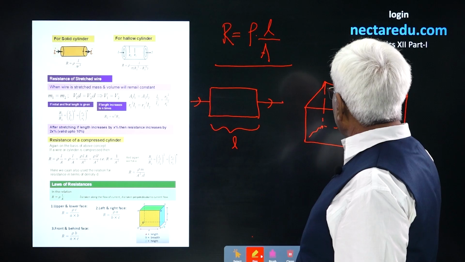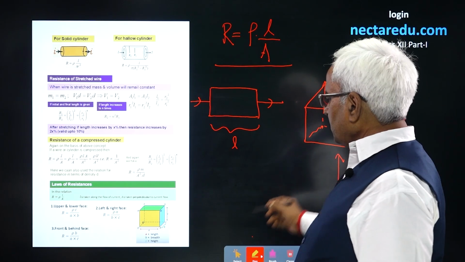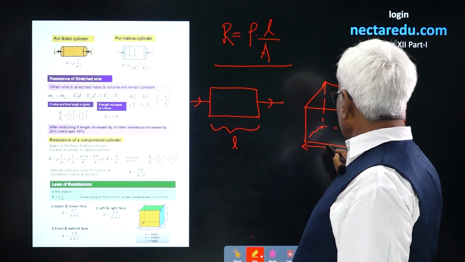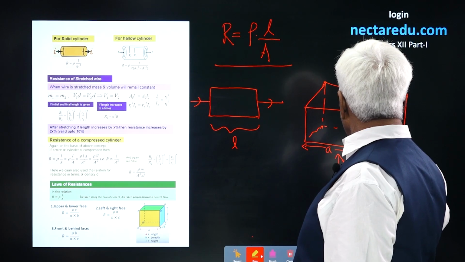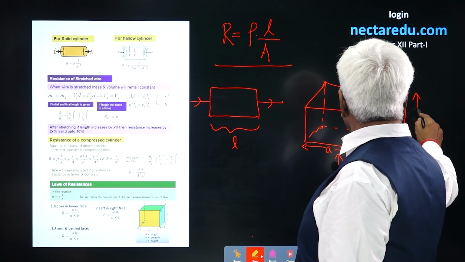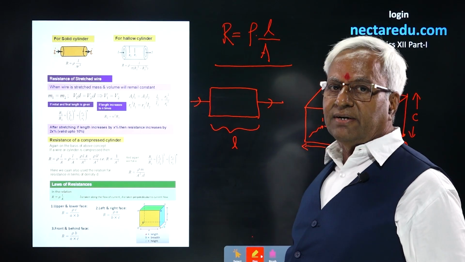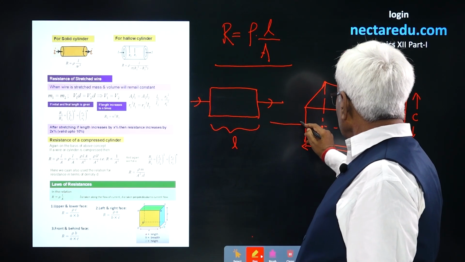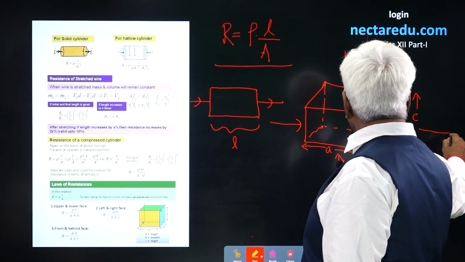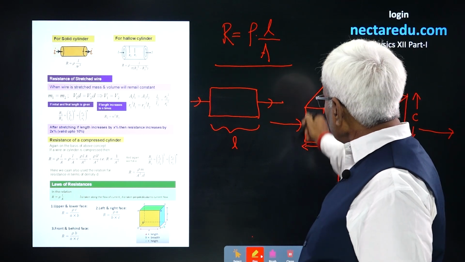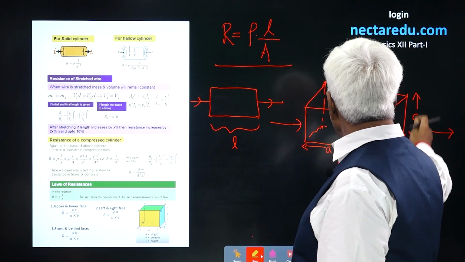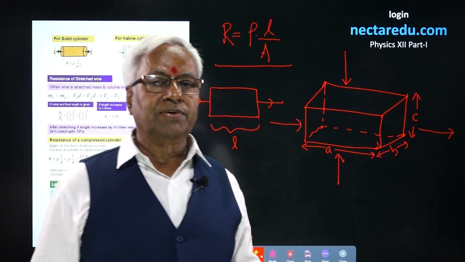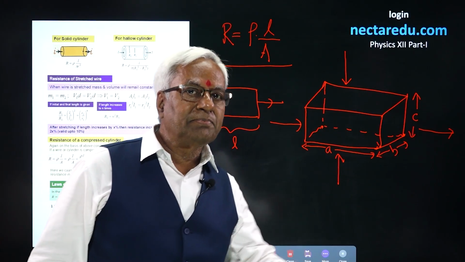Suppose two faces have been taken, and the sides, as I have mentioned here, A, B, and C. This side, let's say, is A, this is B, and this one is C. All the three sides have been shown over here, and you want to find the resistance between these two faces, this left face and the right face. When we say that we are going to find the resistance between left and right face, it means the current is flowing from left to right.